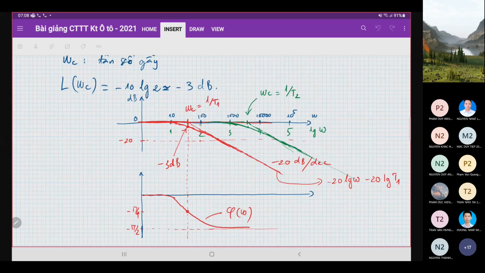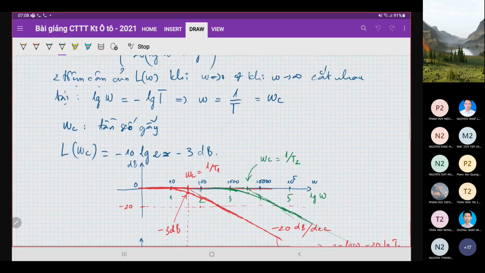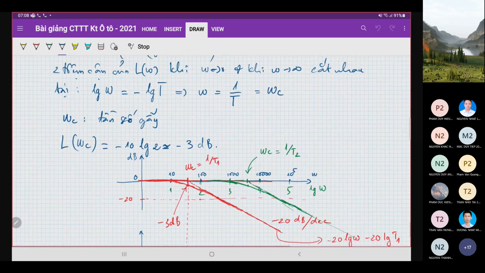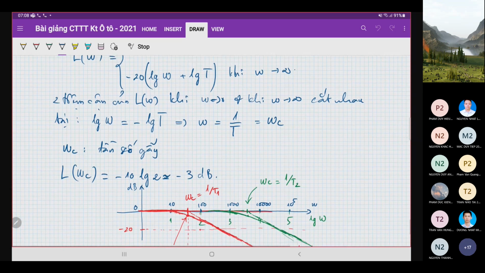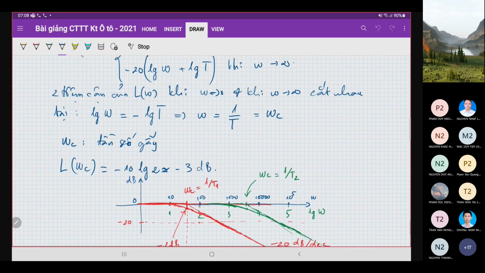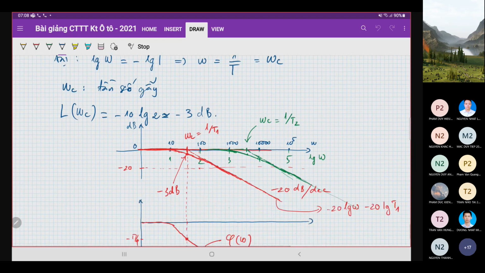The first straight line is L(ω) equal to 0, and the other is L(ω) equal to minus 20 log T, a line with the slope of minus 20 decibel per decade.